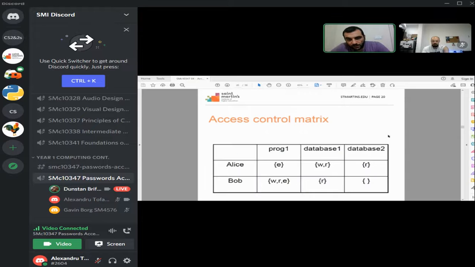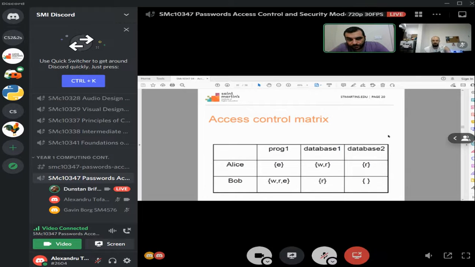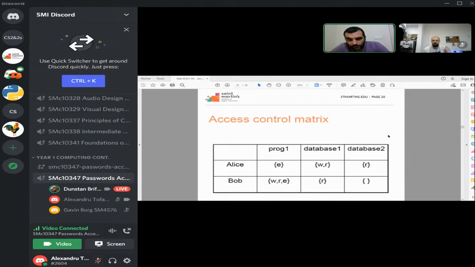Now, next would be to represent this as a matrix. So we have an access control matrix, right? So let's see this again. Alice and Bob, so we've got the subjects on this side versus the objects. This is just the system that we use.